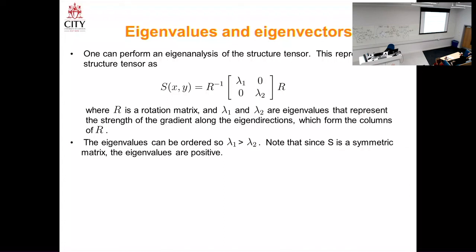The orientations of the edges are the eigenvectors, and the eigenvalues are based on the strength of the gradient along those directions. We can order the eigenvalues so that the first one is bigger than the second one. And since the structure tensor is a symmetric matrix, these eigenvalues are always positive. It's just part of the mathematics.